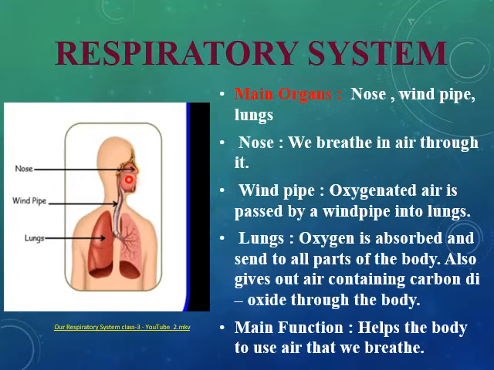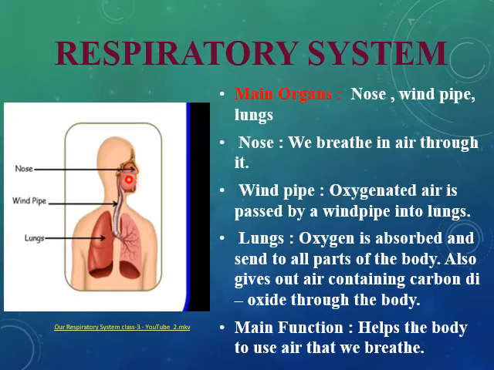What do cilia do? These hairs in our nose prevent dust and germs from entering the body. It means cilia filter the air that is going to enter our body.